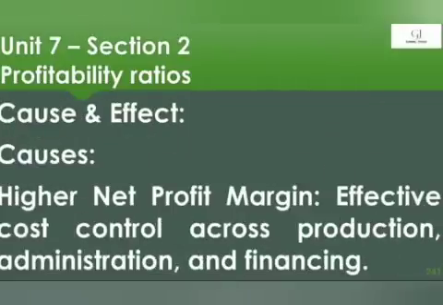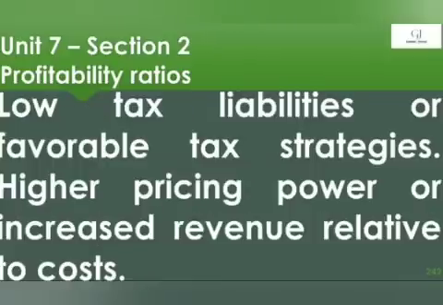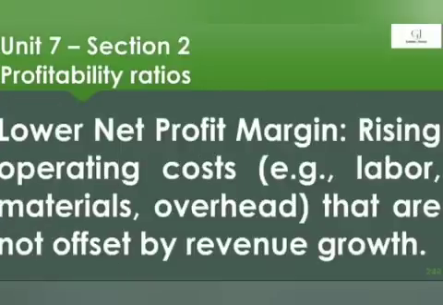So what are the causes and effects? A higher net profit margin shows that they are effectively curtailing costs, whether it's production, admin, financing, lower tax liabilities, favorable tax strategies, higher pricing power, increased revenue relative to costs.